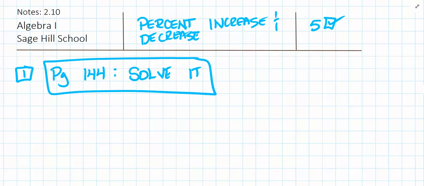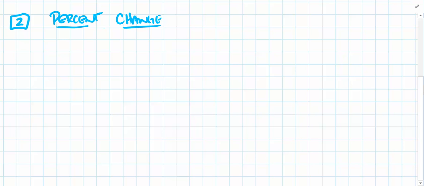So this leads us right into talking about the idea of what's known as percent change. Okay, so we just did the Solve It, and we saw that store 2 was a better deal. So let's talk about percent change. How much things change. So the percentage that something would change can easily be figured out by taking a ratio.